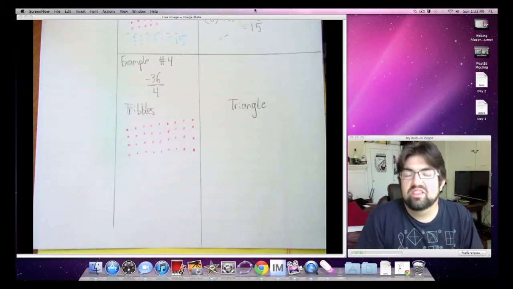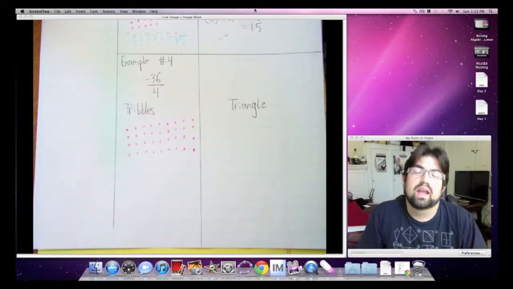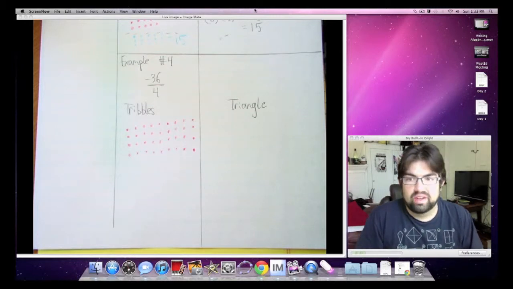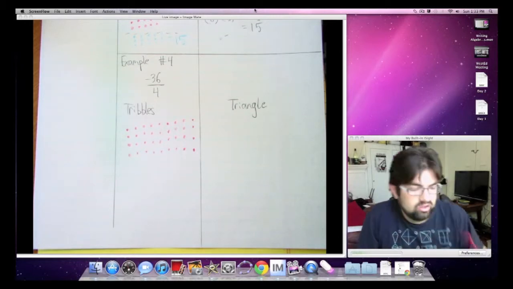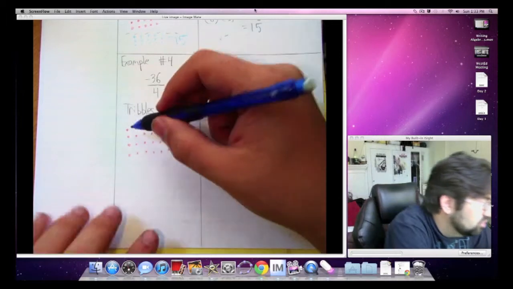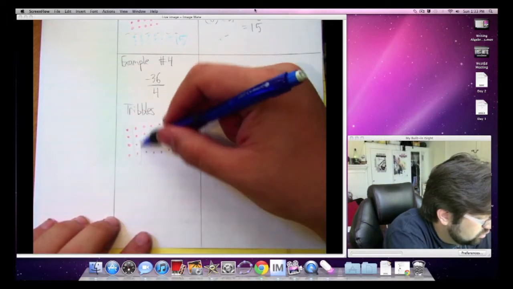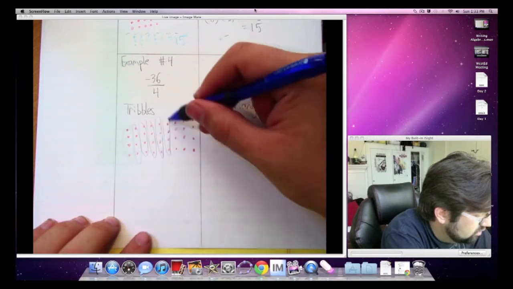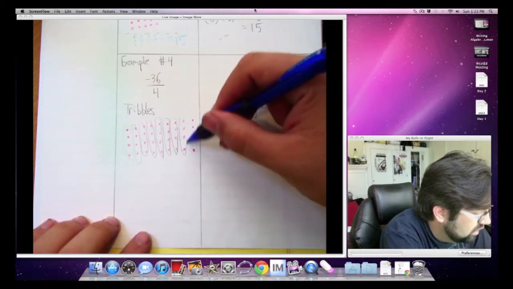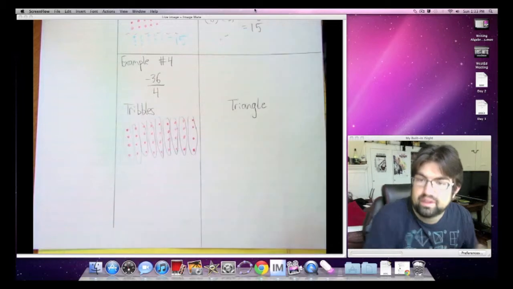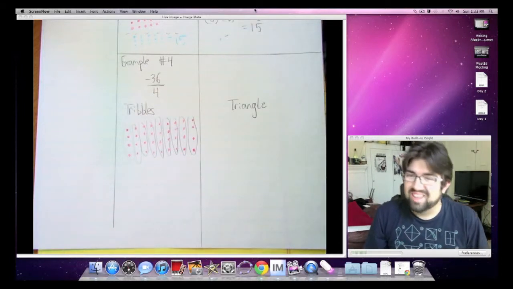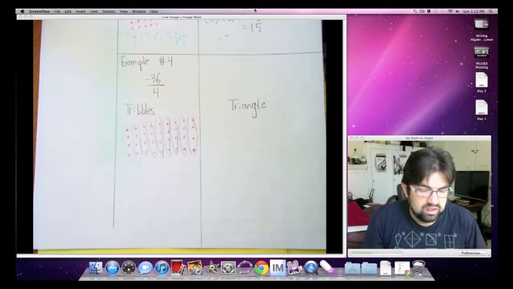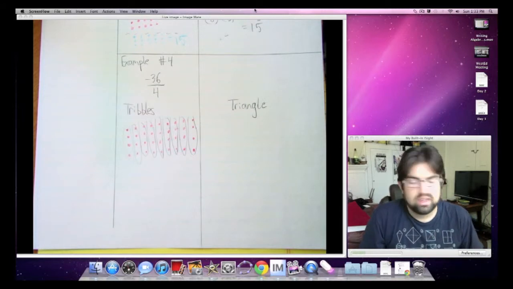So the question is, if I take negative 36 and I break them into 4 groups, or if I count the number of 4 groups, how many do I have? Well, if I'm counting the number of 4 groups, 1, 2, 3, 4, 5, 6, 7, 8, 9. I have 9. But that's kind of hard to figure out exactly what is it positive or negative.